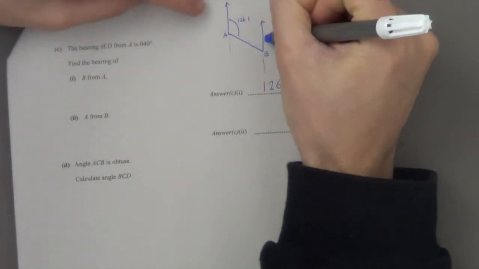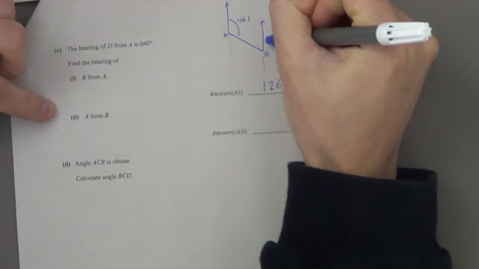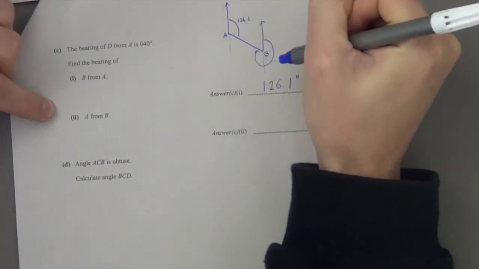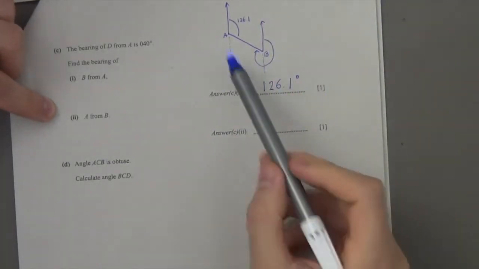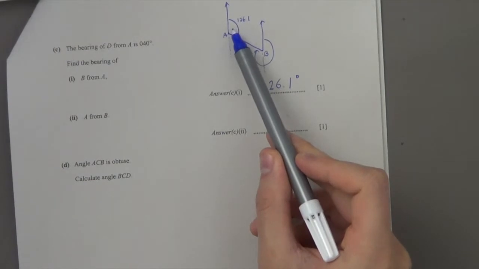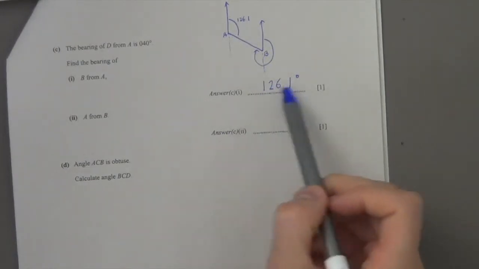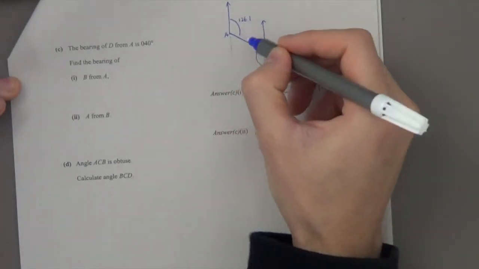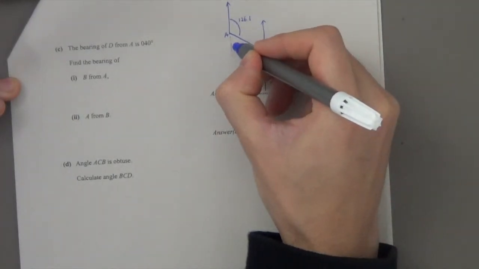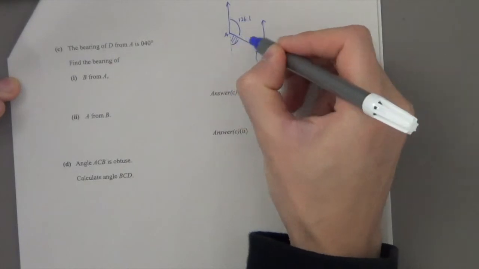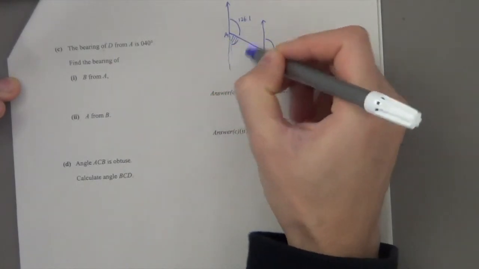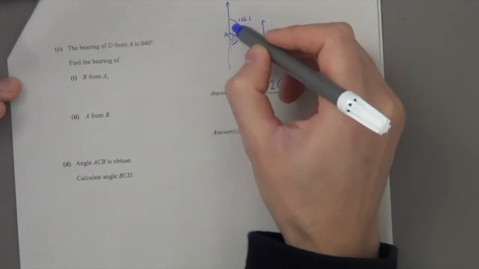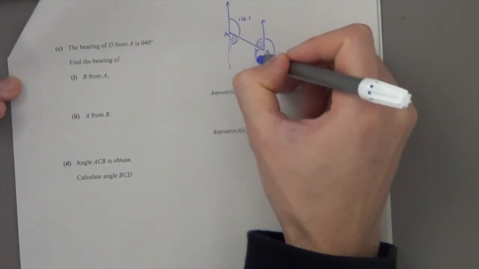So now we need to find the bearing of A from B. This is part 2, and it's going to be this angle here. We already know this angle is 126.1 from the previous question. Remember this rule: if these two lines are parallel, and they are in this case, then this angle is equal to that angle.